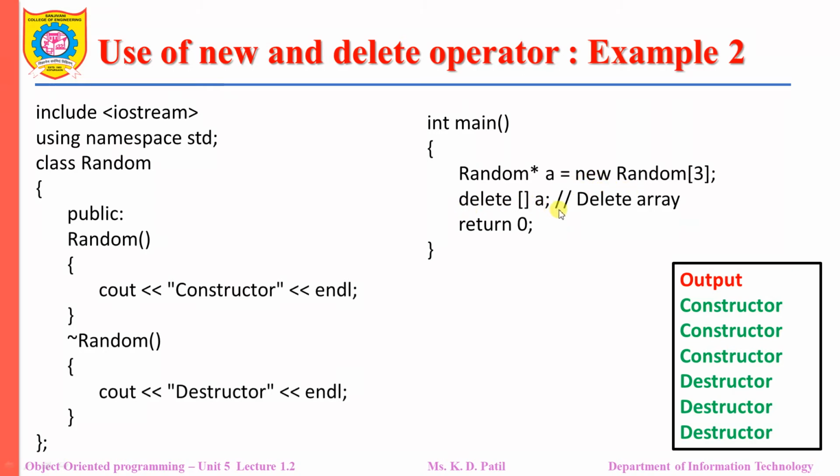But when we want to free the memory associated with those objects of class random, the destructor will be called. As the pointer variable is pointing to three different objects, three times the destructor will be called to delete those objects, to remove this array and to deallocate the dynamic memory.